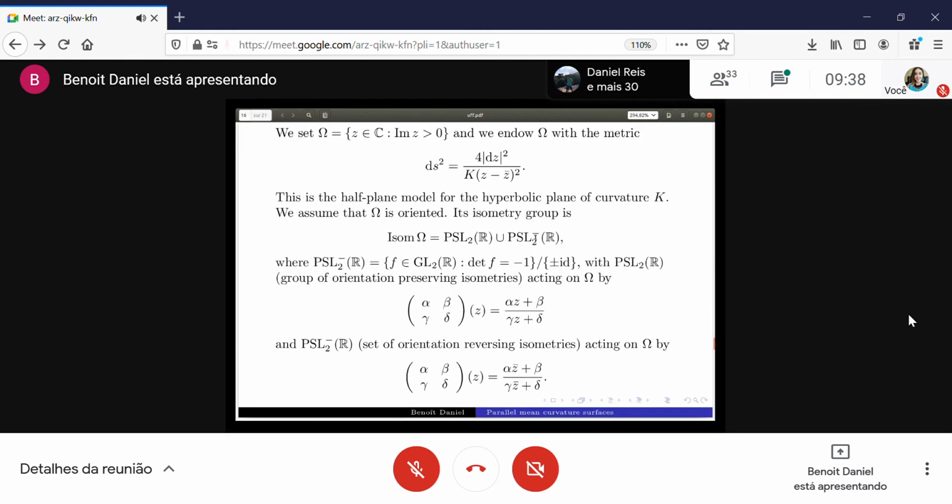And also PSL2^-(R) will give you the indirect isometries, the matrices with determinant -1, quotiented by plus or minus the identity, and acting like this. So it's a nice way to express the isometries of the hyperbolic plane.